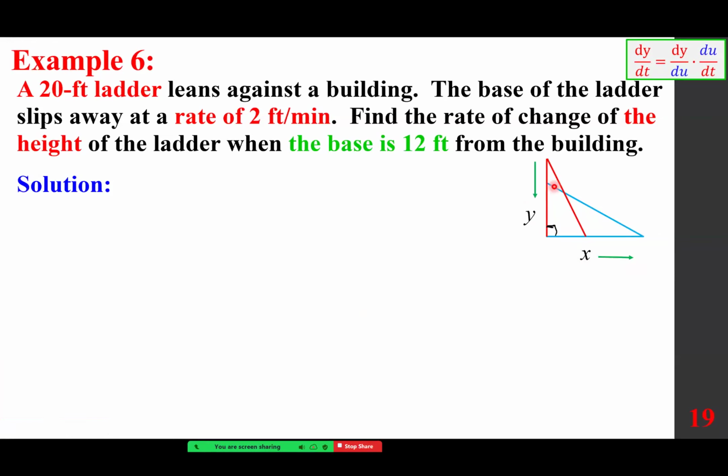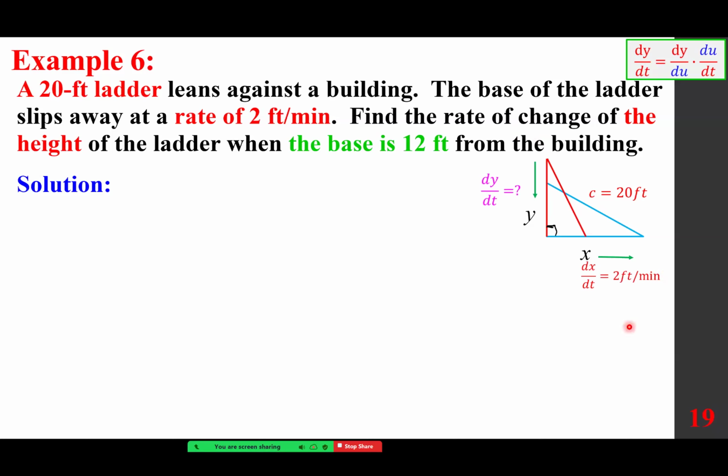So this goes to the right, this comes down. We have this ladder fixed at 20 feet. Going this way, dx dt is 2 feet per minute. Coming down, we have dy dt missing. So this is understanding the setup.